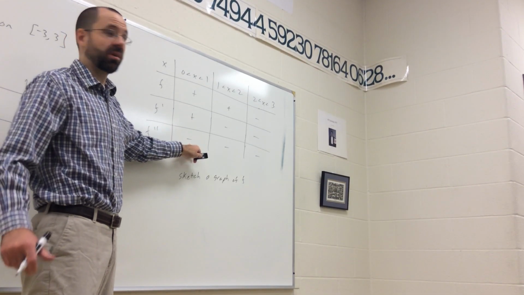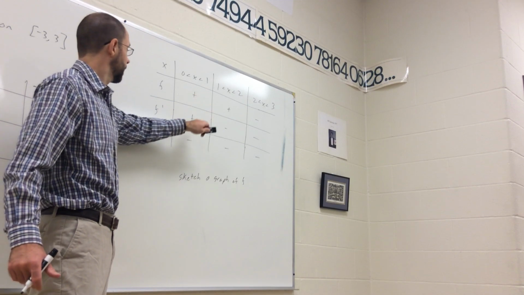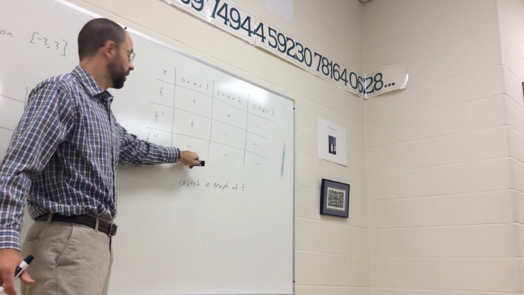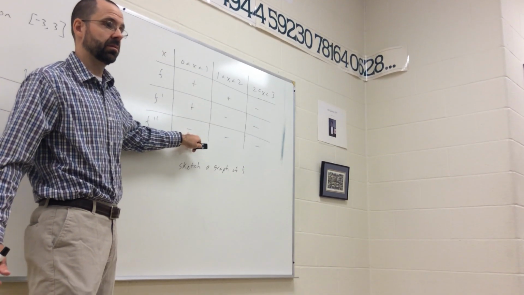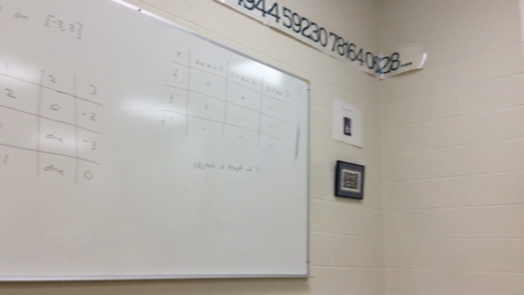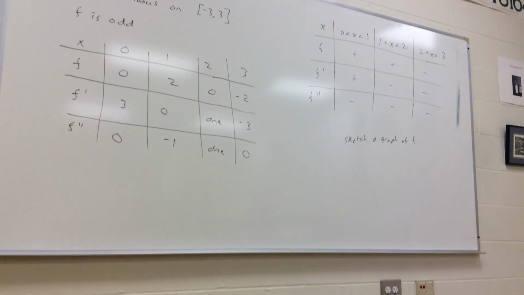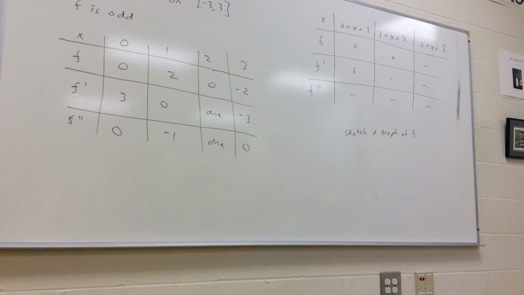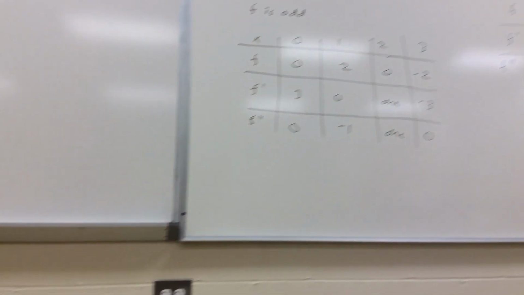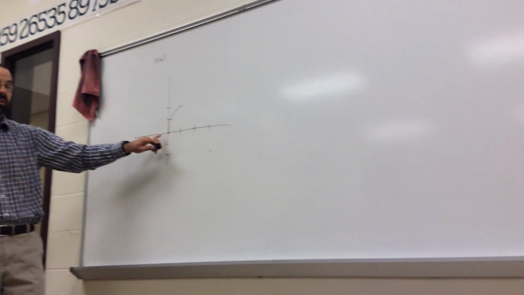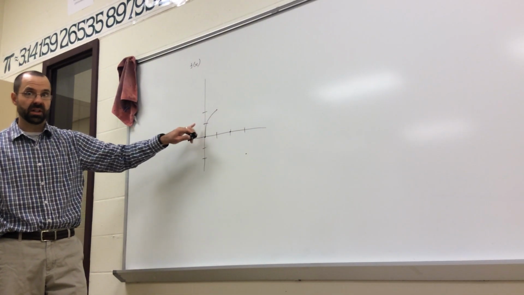Concave down. So I got to draw a graph that's above the x-axis, that's going up, and it's concave down. So I'll just connect these, going up, concave down, above the x-axis. There it is, going up, concave down above the x-axis.